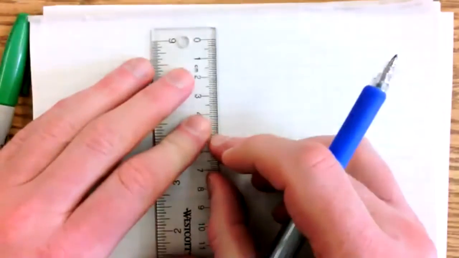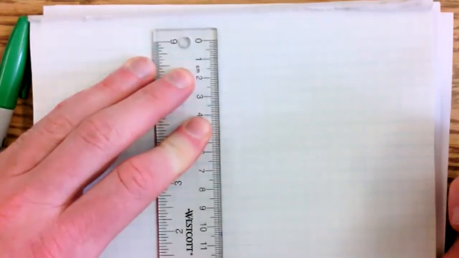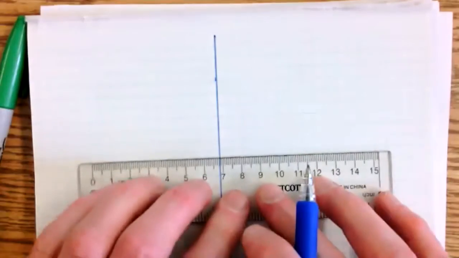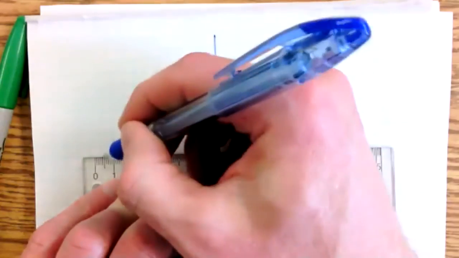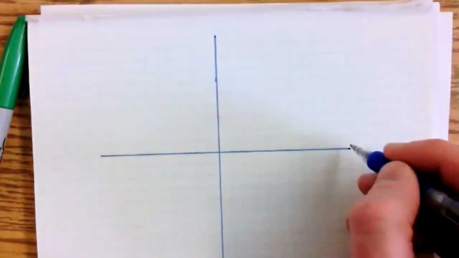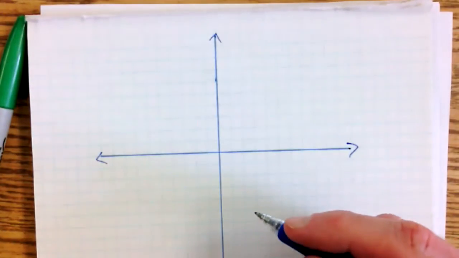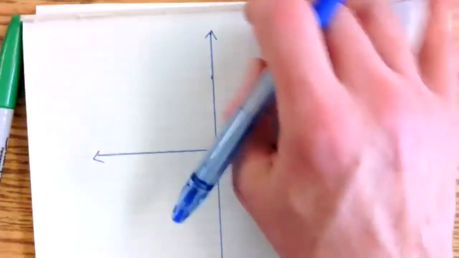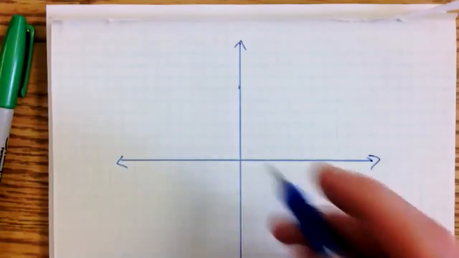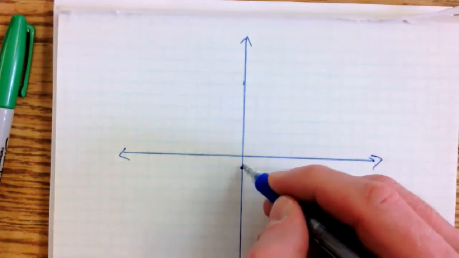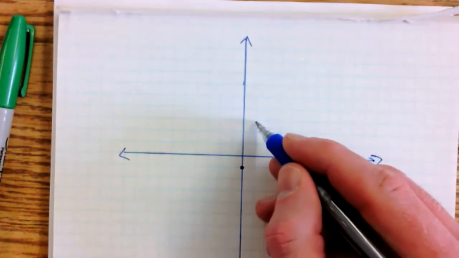So for 4x minus 1, -1 is going to be the y-intercept, and it's a slope of 4. 1, 2, 3, 4, and 1.